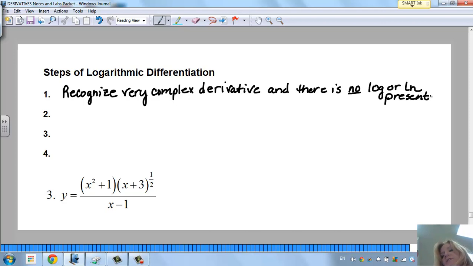And in all honesty, guys, I would tell you if I want you to do logarithmic differentiation if there's no log in the problem, okay? So it's not like you're going to have to worry about that. I will tell you, okay?